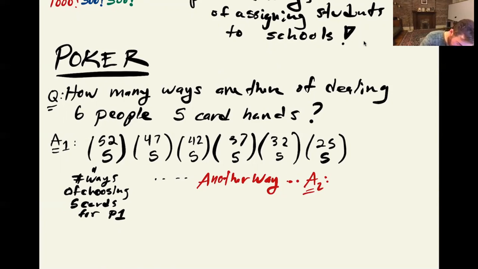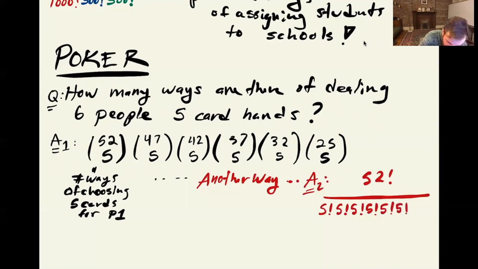So let's just use our formula. In this case, what we get is something like 52 factorial divided by 5 factorial for player 1 cards, 5 factorial for player 2 cards, 5 factorial for player 3 cards, 5 factorial for player 4 cards, 5 factorial for player 5 cards, 5 factorial for player 6 cards.